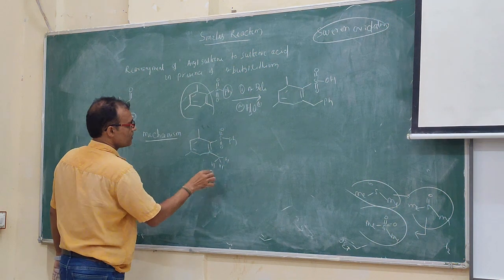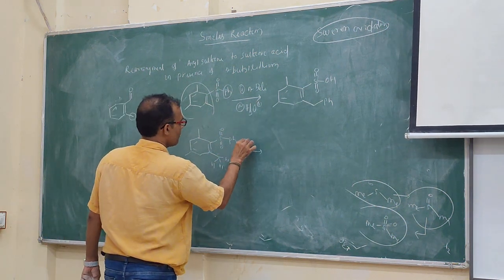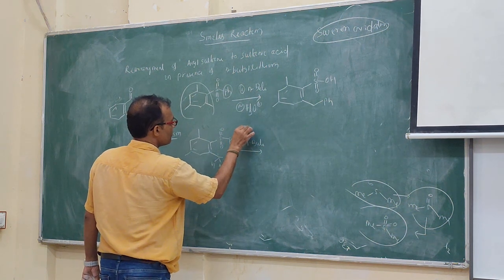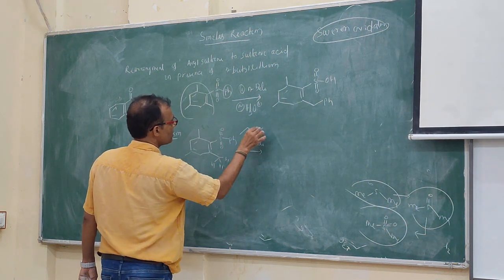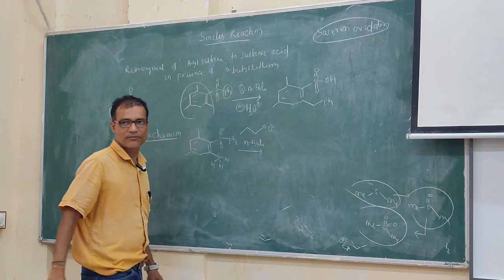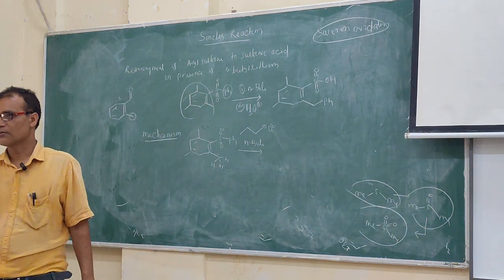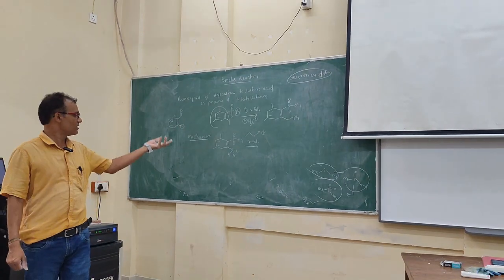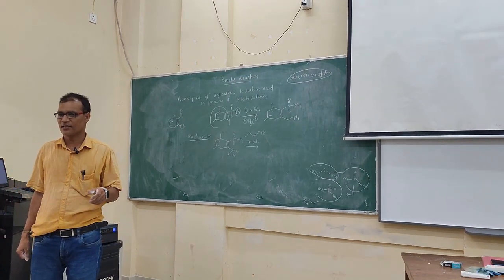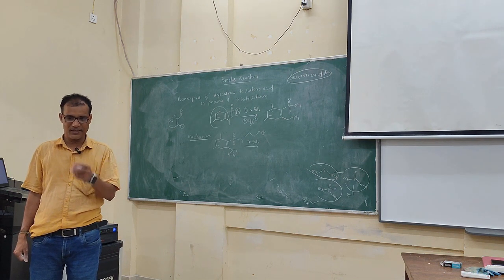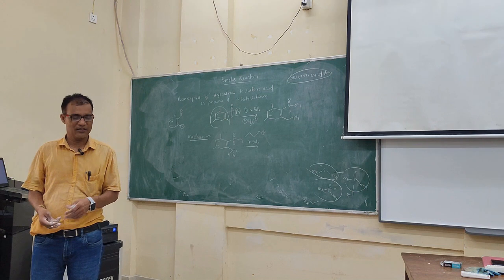Already I told you n-butyllithium is a very strong base. What is the structure? 1, 2, 3, 4, minus, and this is Li plus. Lithium is very small in size, but you combine it with the alkane. This is a good base.